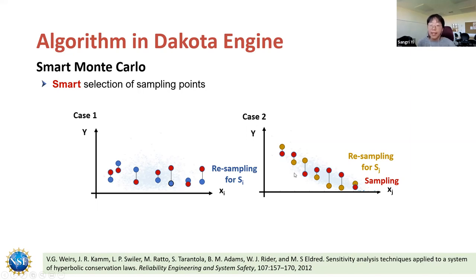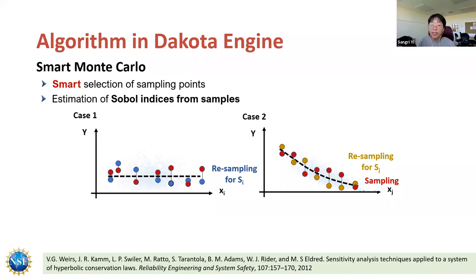But in the second case, the red and yellow sets will have some correlation, and that indicates that there is some trend between xj and the y value. And actually, this correlation between the initial sample and the resampling set corresponds to the exact definition of the Sobol index. So they are equivalent.